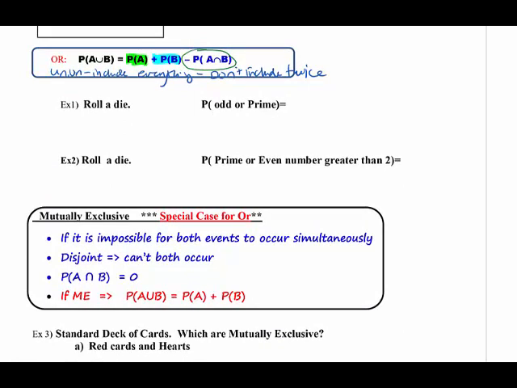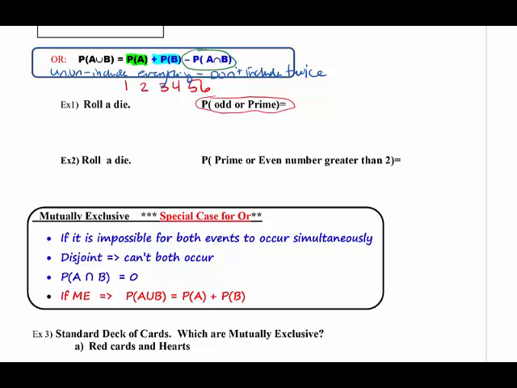So we're going to be rolling a die. This is one we've actually talked about before, and I can list it out. Meaning I can list out what my sample set is. I can get a 1, 2, 3, 4, 5, or 6. So the first one, you're rolling a die, and what we want is here.